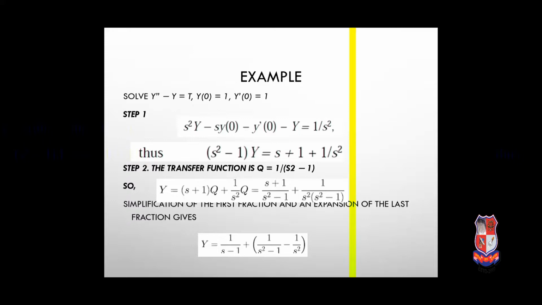Here we divide the whole equation by s square minus 1. Next, simplification of the first fraction and the expression of the last fraction gives Y is equal to 1 upon s minus 1 plus 1 upon s square minus 1 minus 1 upon s square.